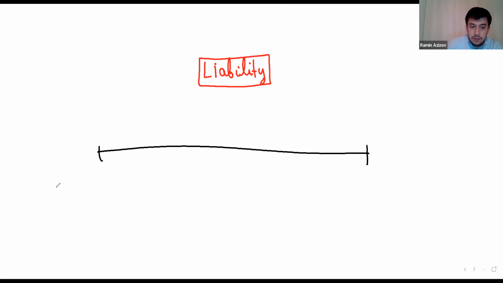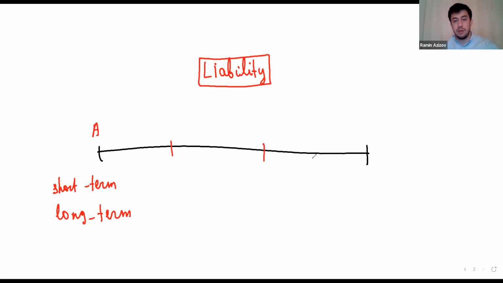Again, guys, we have short-term and long-term. The logic is the same, considering that we are at point A and we are preparing our financial statement and we have the next 3 years.